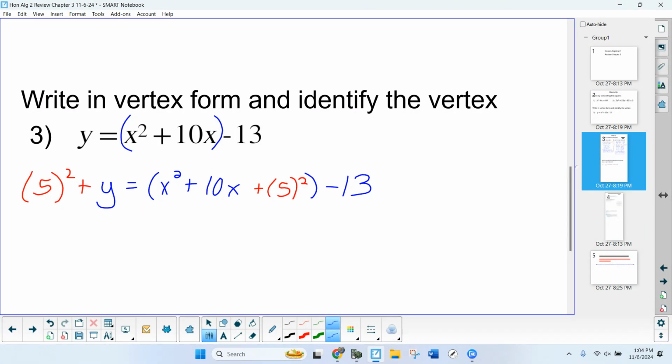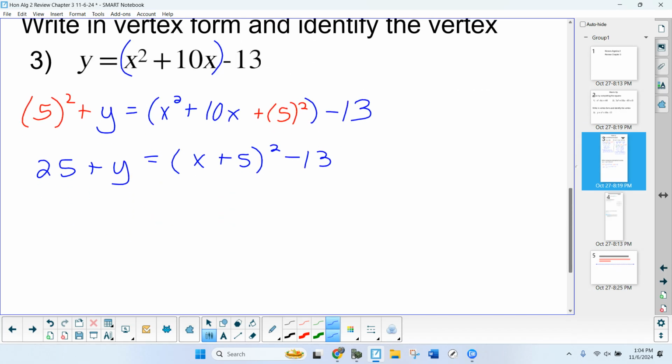What does this side factor into? (x + 5) quantity squared minus, and then what's 5 squared? 25. How do you solve it for y then? Subtract 25.